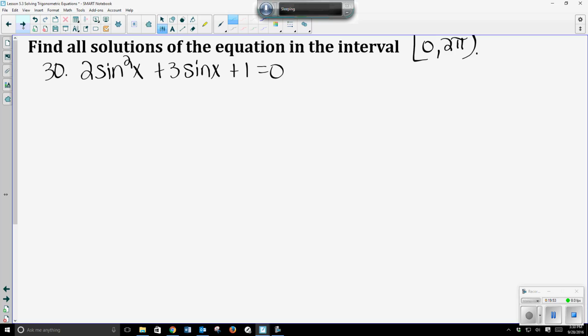Okay, so here you're going to have to factor. We have a quadratic term, linear term. So we need factors of 2 sine squared x and 1 that some combination will give you positive 3 in the middle when you do outer and inner. So luckily for us, the 2 only has 2 sine x and sine x.